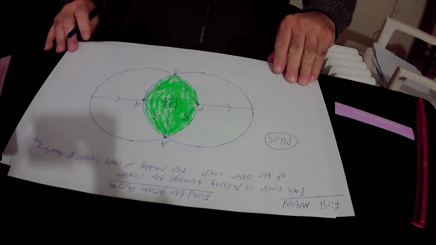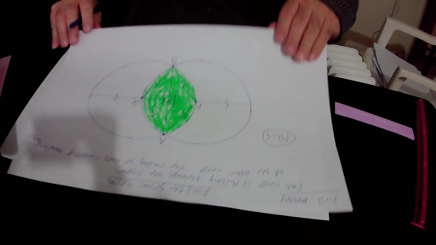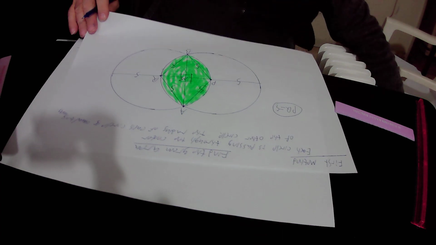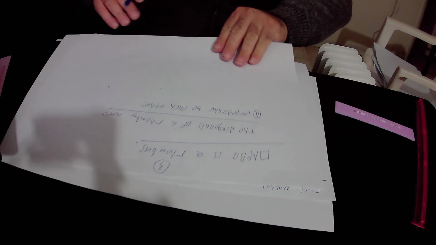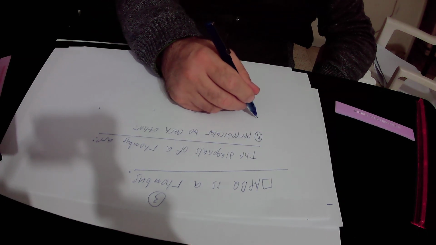And the second characteristic of the diagonals of a rhombus is that they bisect each other.